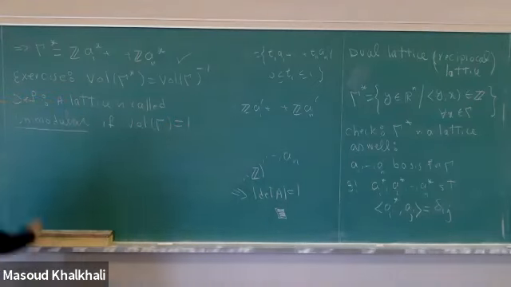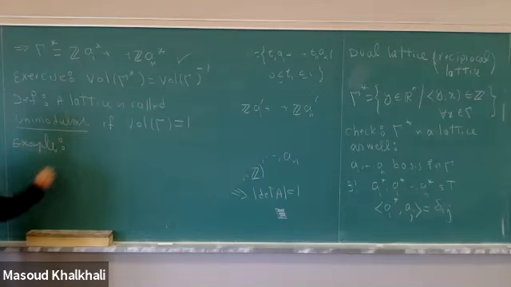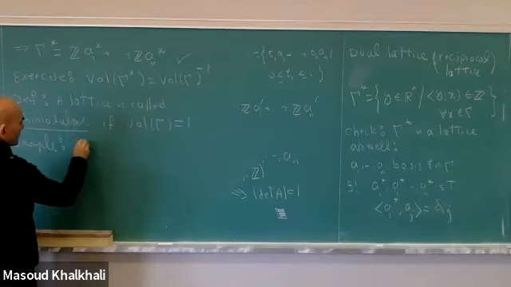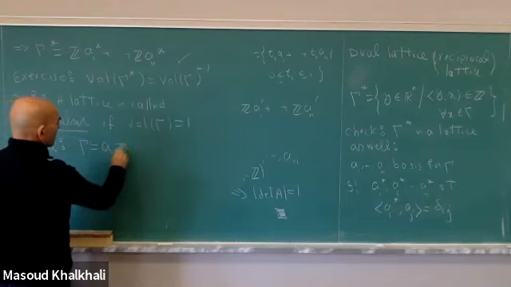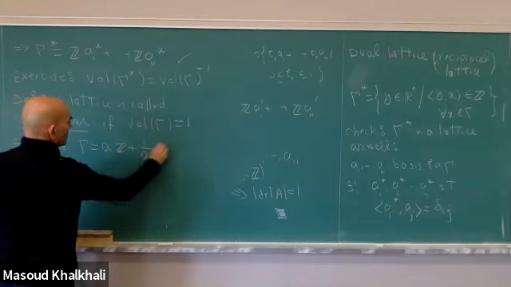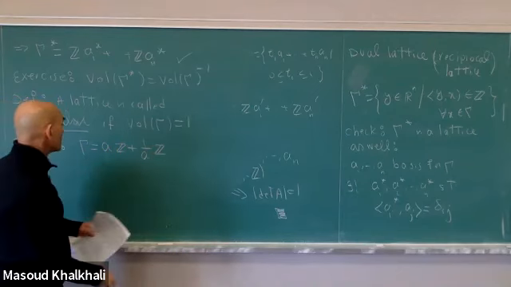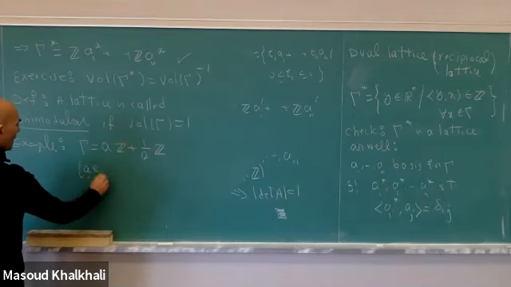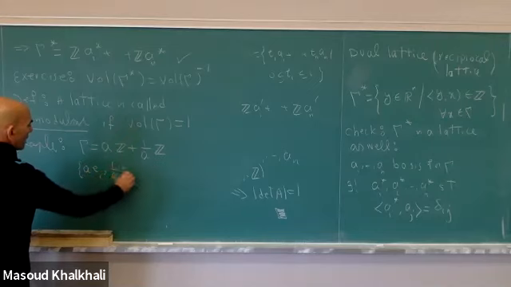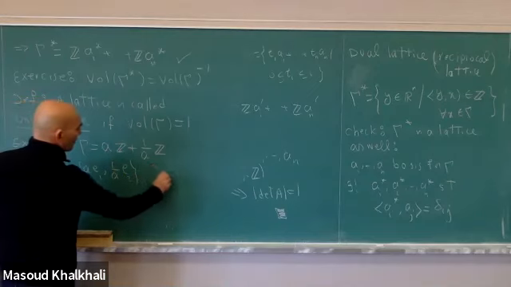An example is the following lattice, gamma equal to aZ plus (1 over a)Z. This lattice has basis vectors a e1 and (1 over a) e2, so the volume of gamma is 1.